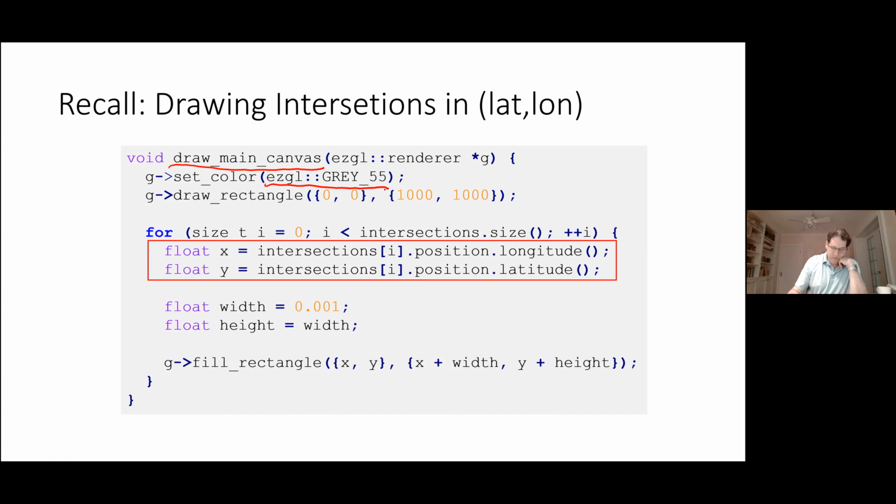And then we drew all of our intersections by going through and getting their longitude, getting their latitude, and we drew a rectangle from their latitude and longitude to 1,000th of a degree of latitude or longitude up and to the right. Okay, so we drew that and it looked okay.